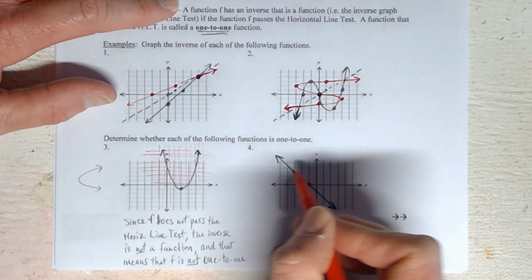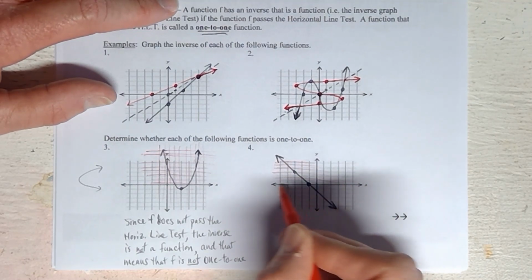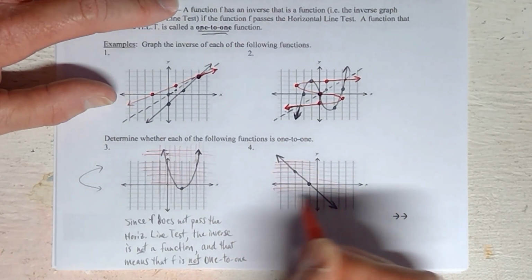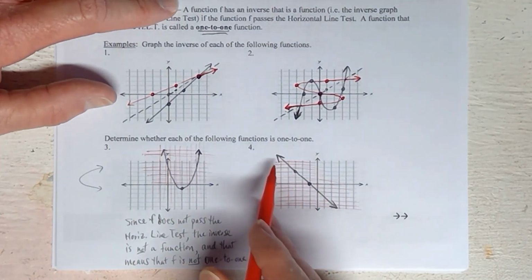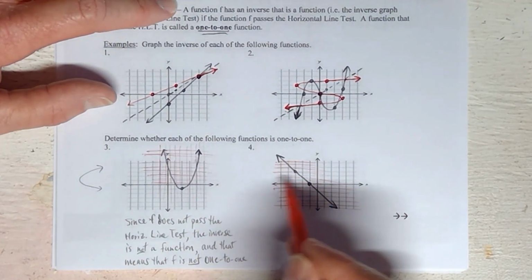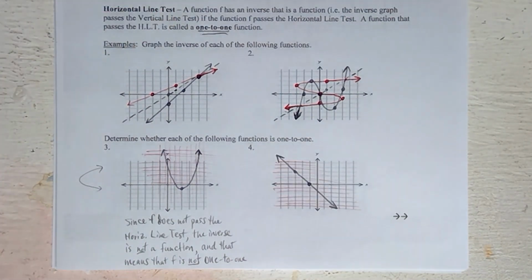But is the inverse a function? Well, if it passes the horizontal line test, and does it? Does every single horizontal line pass through the graph once? It sure does. You can see that there are no horizontal lines ever going to cross through this diagonal line right here more than once.